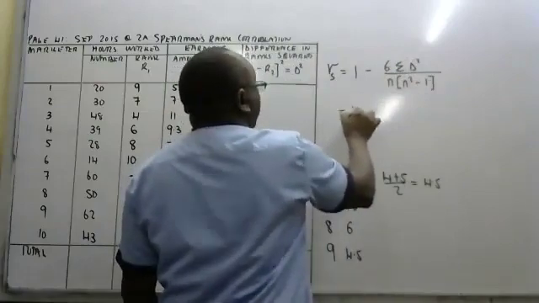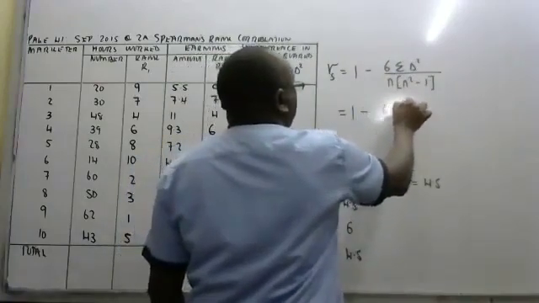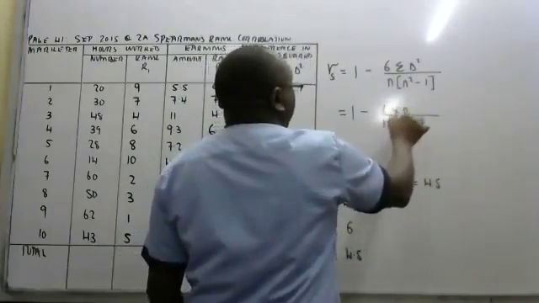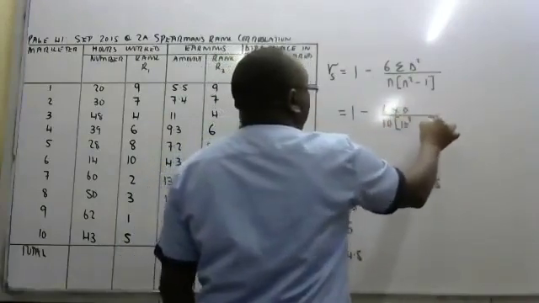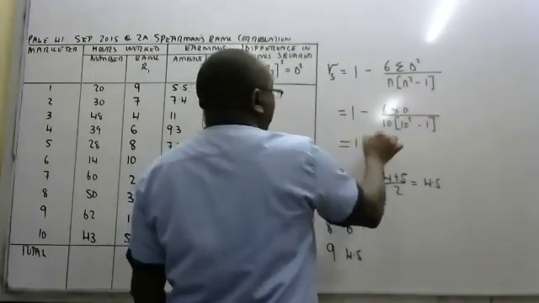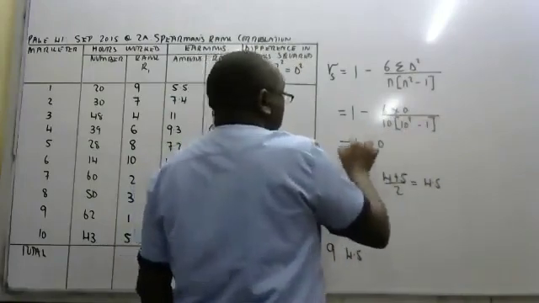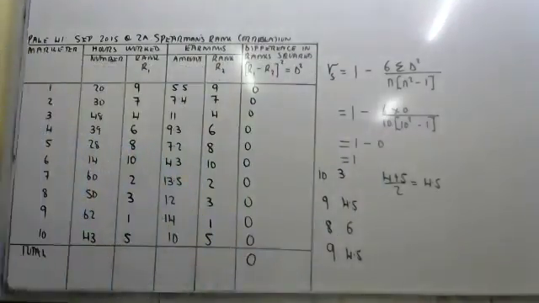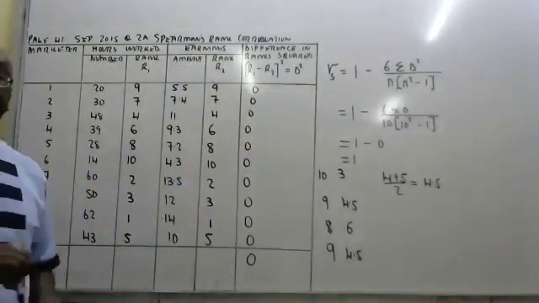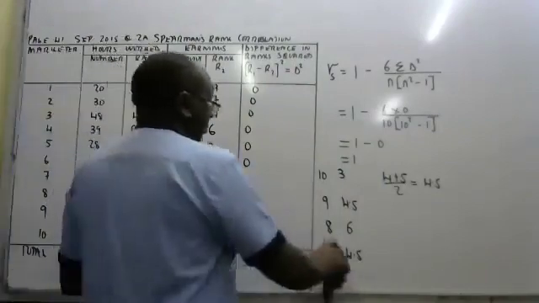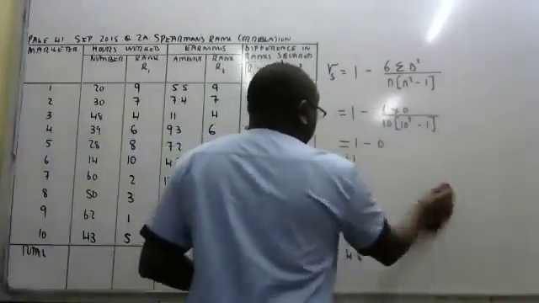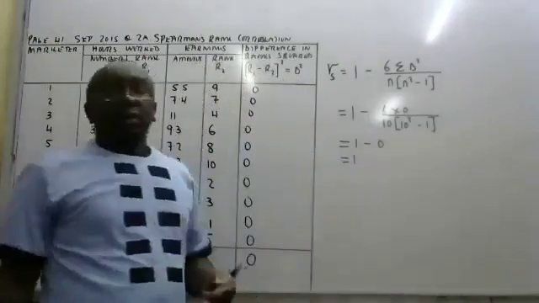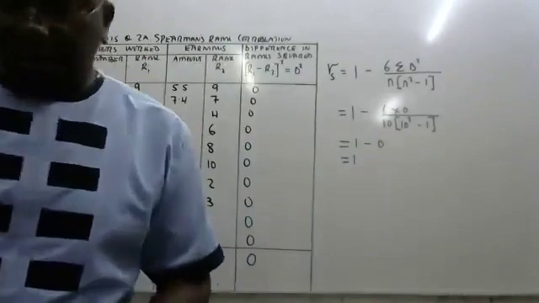So this proceeds to become 1 minus 6 times 0, you divide by 10 brackets 10 squared minus 1. And this is 1 minus 0, which is 1.